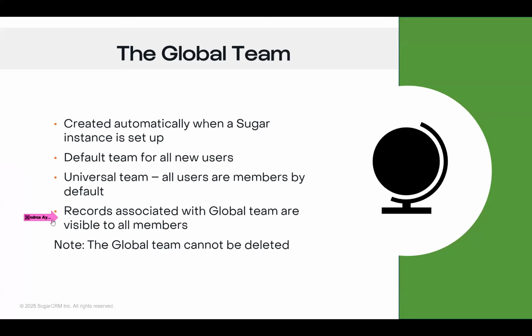Now, your organization may say, you know what, I don't want to mess with all these other teams. I want everybody to see everything. That's great. And that's what we do. Everybody sees everything. But you may want to create some additional teams, like I said, for example, if you just want certain people to see certain additional things like reports. I want only this particular team to see this report because we're going to use this in our staff meeting on Thursdays. Okay, so that's the global team.